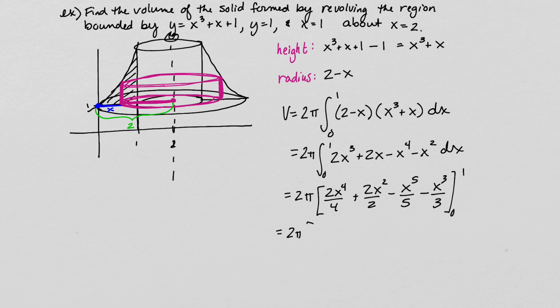If I plug in 1, I have 2 quarters plus 2 over 2 minus 1/5 minus 1/3. When I plug in 0, we just get 0. If you work this out, 2/4 plus 1 minus 1/5 minus 1/3 ends up being 29 over 30, and then the 2 cancels, making it 29 pi over 15.